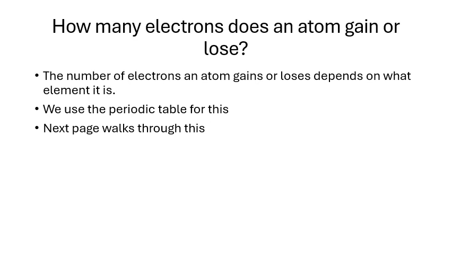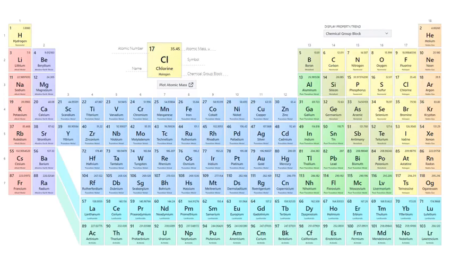So how can we use the periodic table to identify ionic charges? So here's a periodic table, and I like this one because it's color-coded. It's showing the different groups of the elements. You have this already in your color-coded periodic table. And what we're going to do is we're going to start over here on the left.